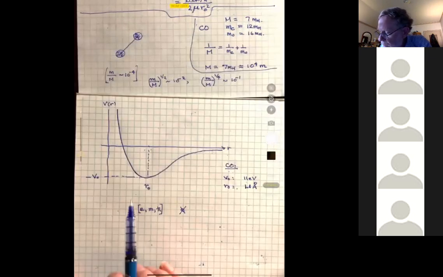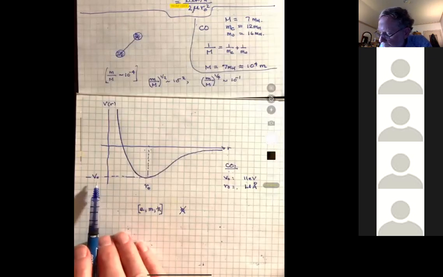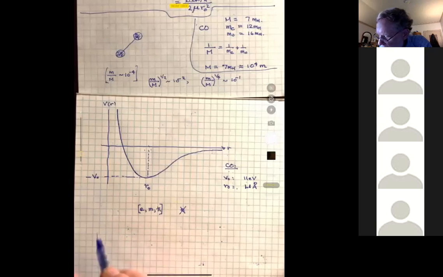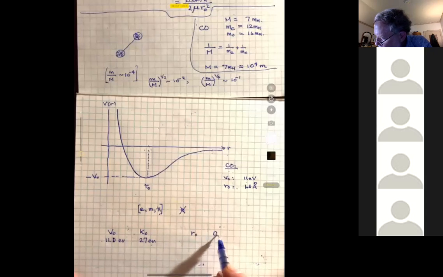So what this means, for example, in this potential is that the depth of the potential V0 ought to be comparable to K0. If you look at the actual numbers, you get 11.0 electron volts versus 27 electron volts. And likewise, the R0 ought to be comparable to the Bohr radius. If you look at that, you get 1.1 angstroms as compared to about 0.5 angstroms.